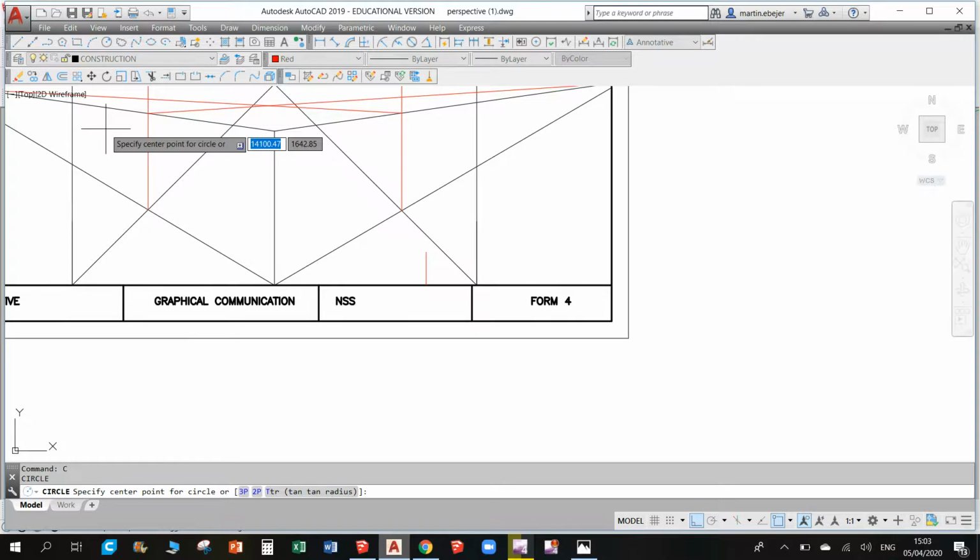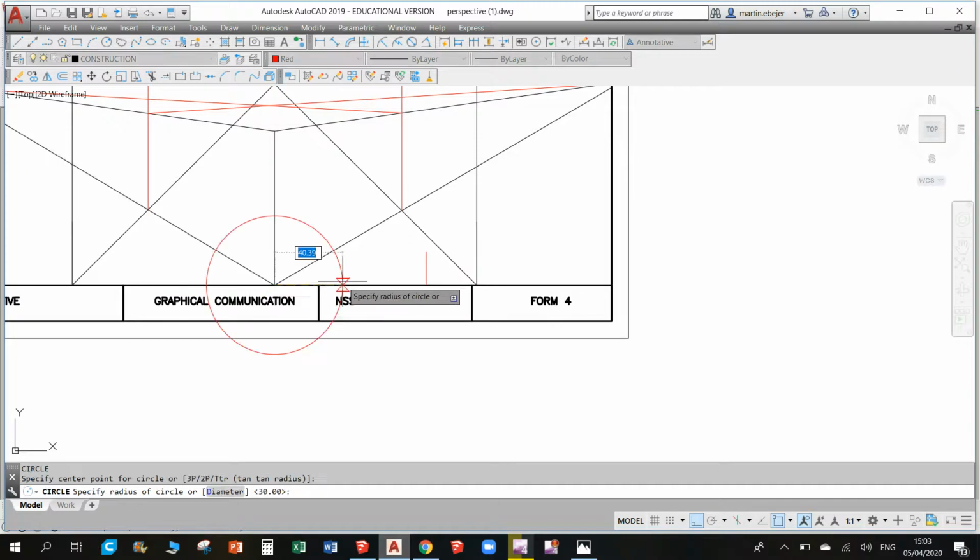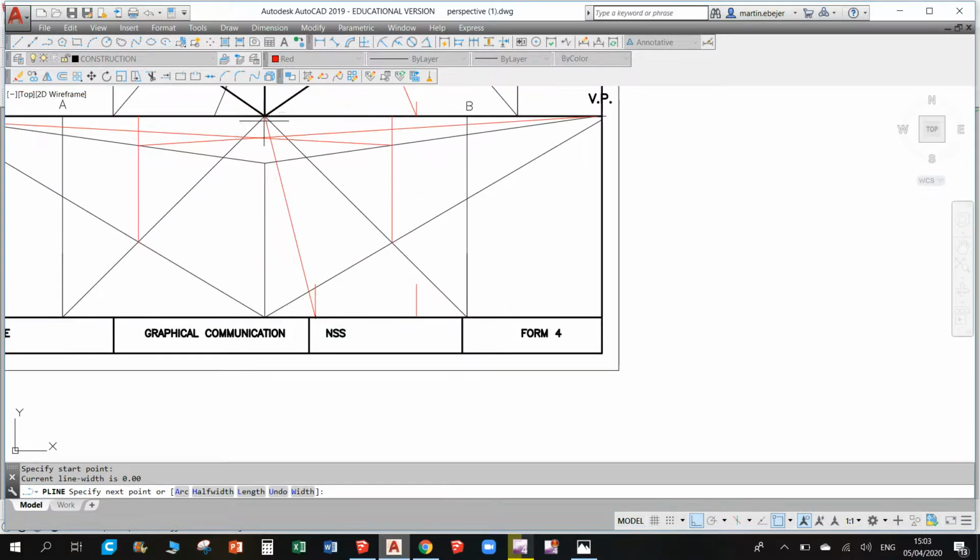I'm gonna represent the 30 millimeter from this particular point. So I'm gonna place a point here as well. Okay, from these 2 points I'm gonna project to the midpoint where the lines intersect with the horizontal. I'm gonna draw vertical lines.